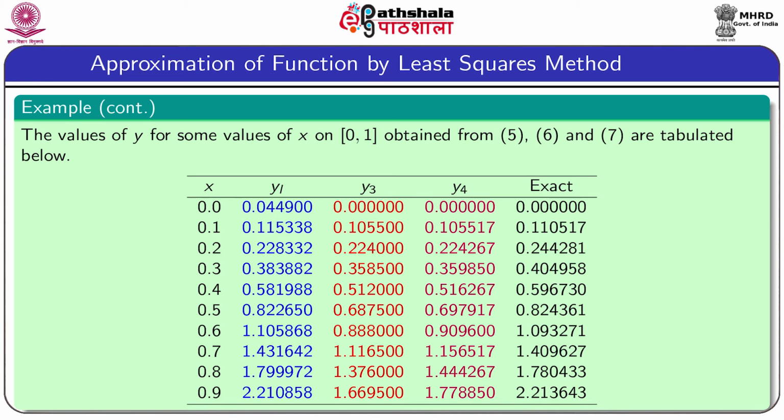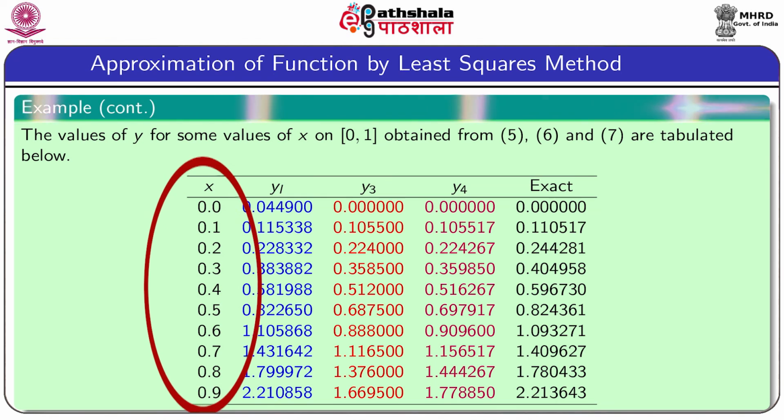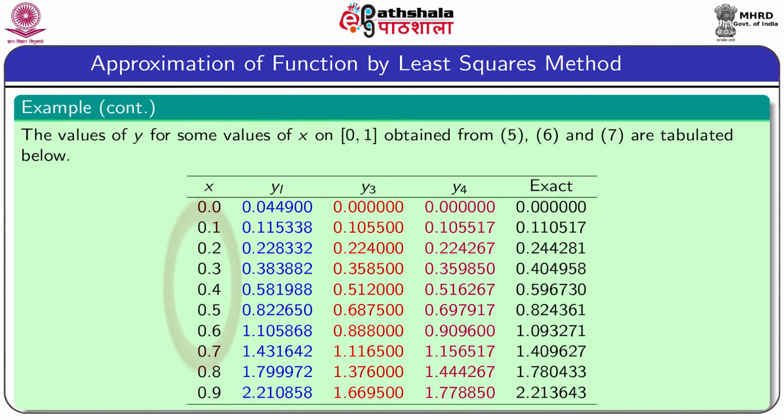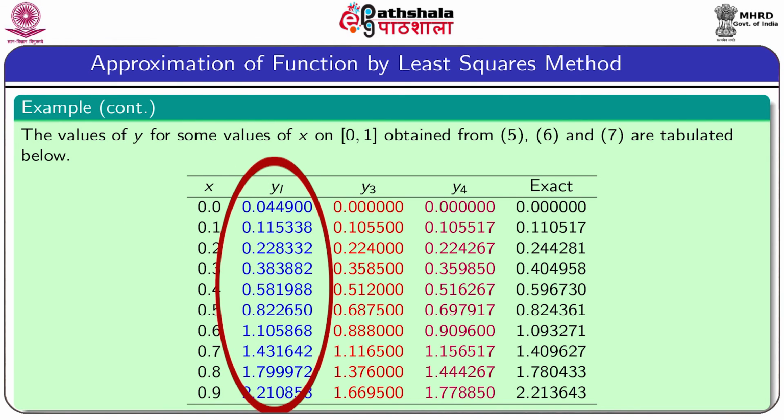Now, we compare the values of y, yl, y3, y4 and the exact values in this table. Note that the first column represents the values of x and the second column represents the values of yl, that means the quadratic polynomial that approximates the function x e^x.